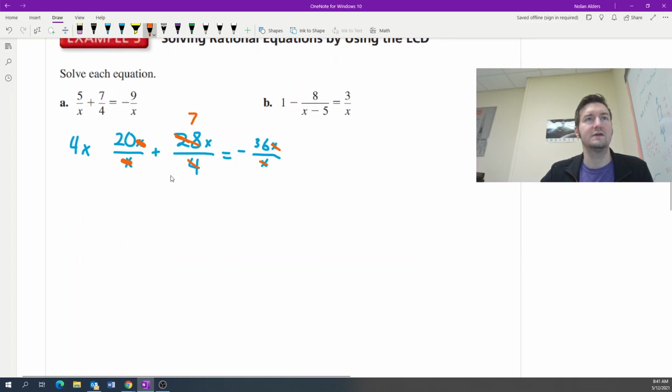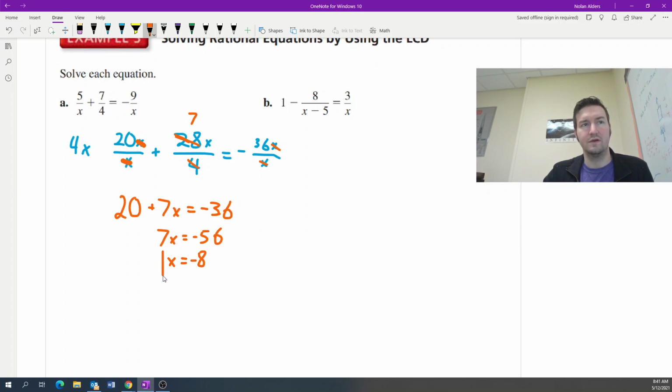So our equation turns out to just be 20 plus 7x equals negative 36. And then this is an easy equation we can solve. We could subtract the 20. So we get negative 56. And then divide by 7, so we get negative 8. And there's our answer.